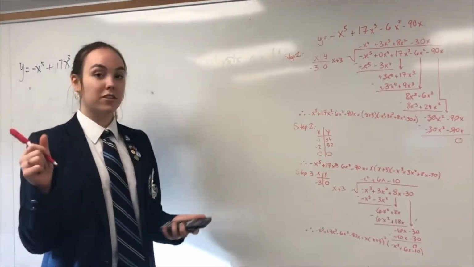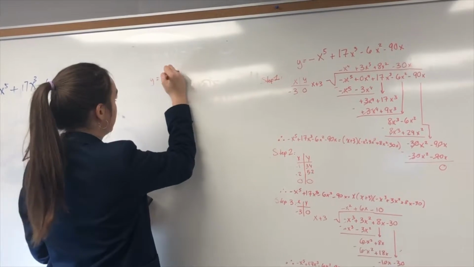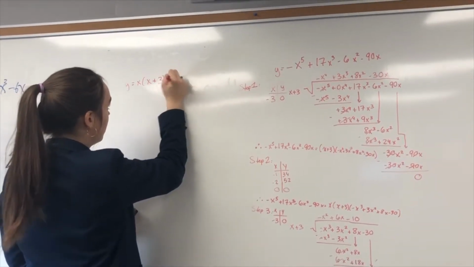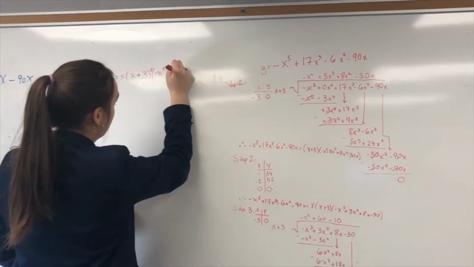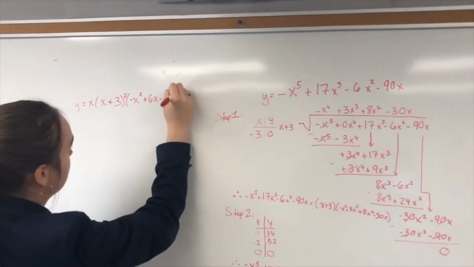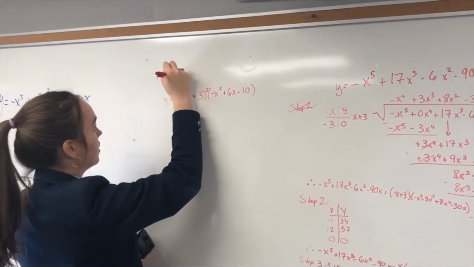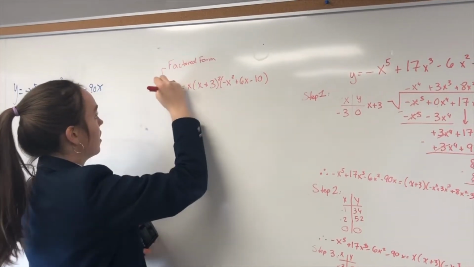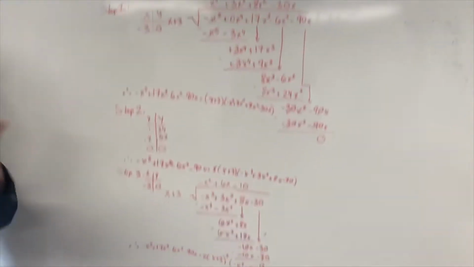So, the factored form is y is equal to (x plus 3) squared minus (x to the power of 2 plus 6x minus 10). And that's the factored form. We found this form through long division, broken down into 3 different steps.